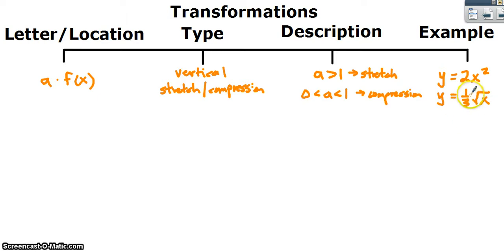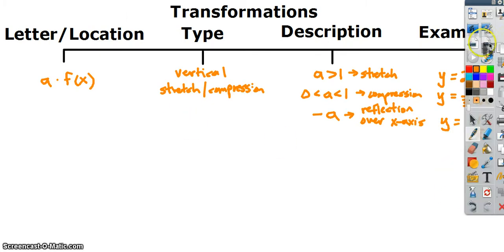That'd be a vertical compression by a factor of a third. Also, you can get a negative a, and this is going to cause a reflection over the x-axis. So something like y equals -1 over x.